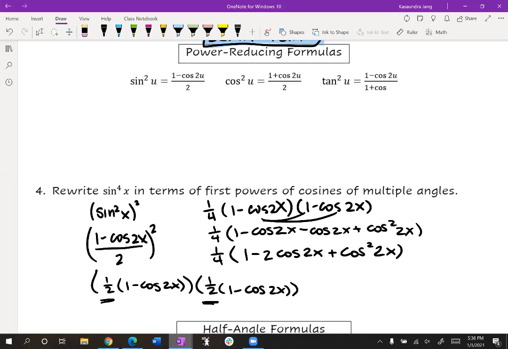And again, my goal here is to have cosines, which these are all cosines, good, but I want the first powers of the cosines. So I want not a cosine squared, I gotta get rid of that cosine squared. So I'm going to use this identity here for cosine squared. In this case, I don't have cosine squared of u, I have cosine squared of 2x. So whenever I see this u on my identity right now, I'm going to use a 2x for the u.